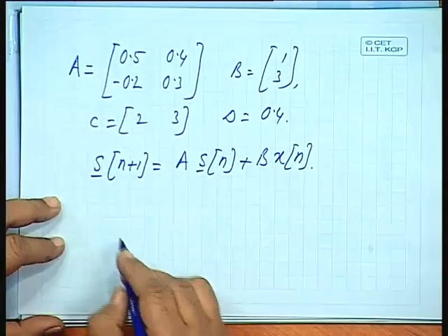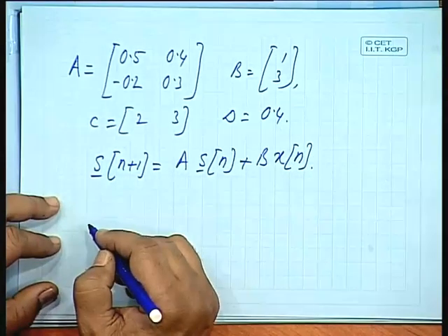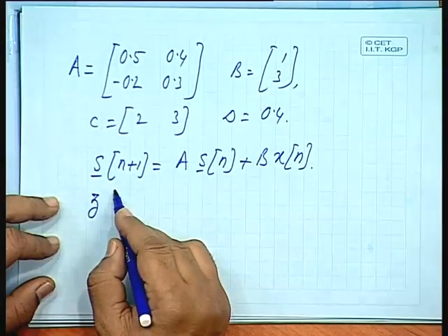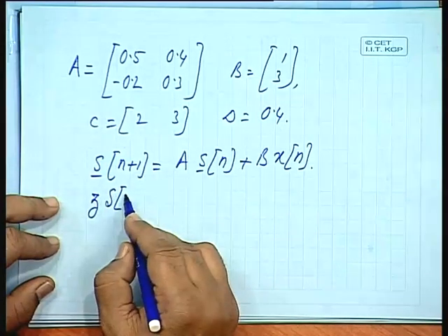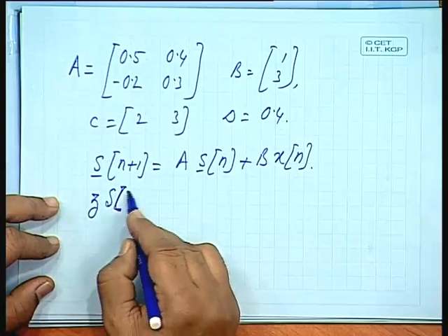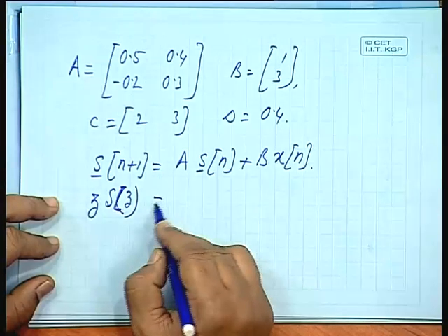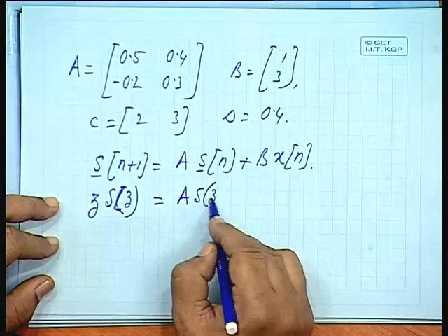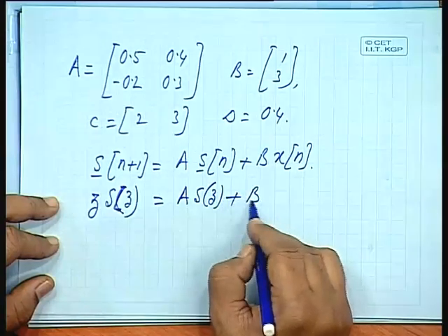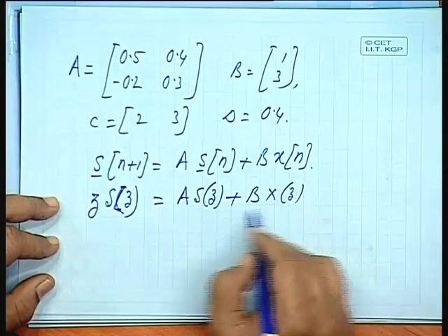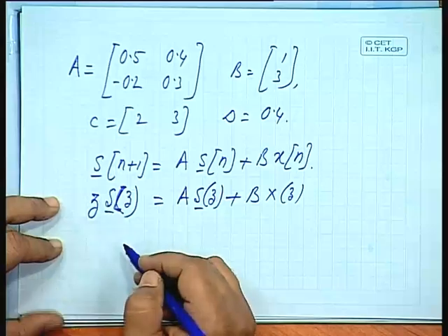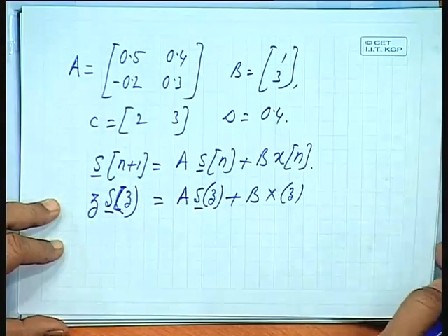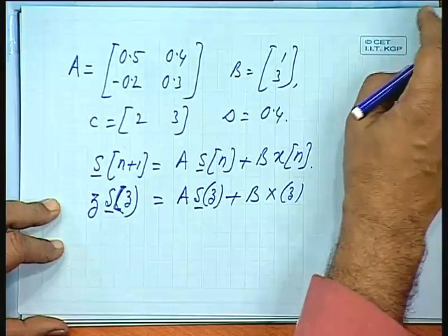If we take Z transform of this, what do you get? Z into Sz. This side will get A into Sz plus B into Xz. Sz is a vector because S1, S2 are the elements of the vector.